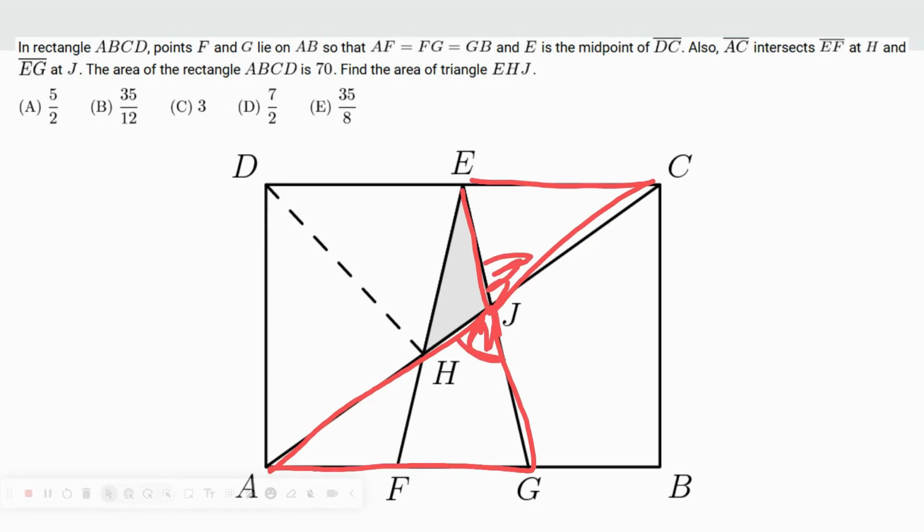And then we can use these two parallel lines AB and CD again, and we have the transversal EG this time. So now we can notice that these two angles are congruent because they're alternate interior angles. So now we can use the AA rule of triangle similarity again, and we can say that these two triangles are similar to each other.